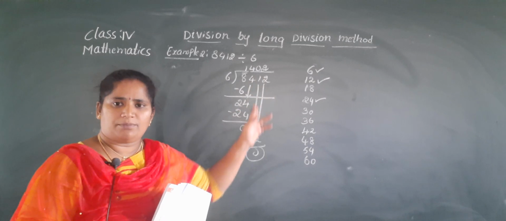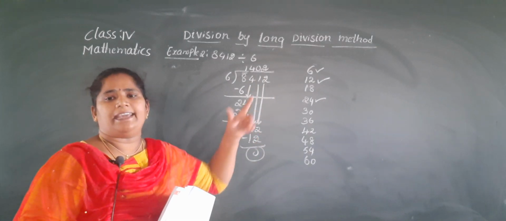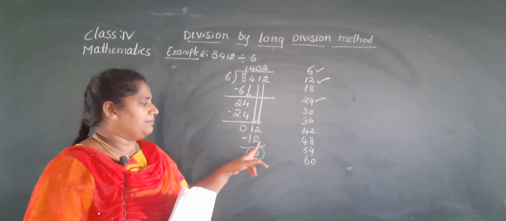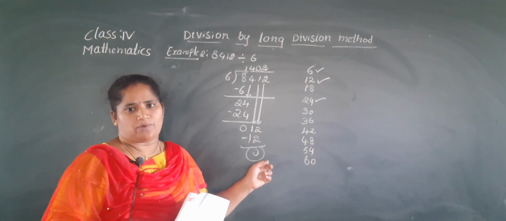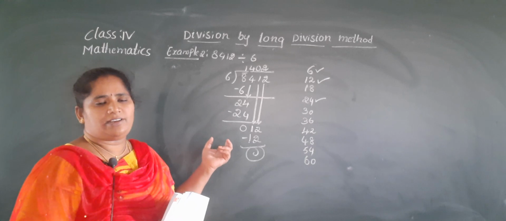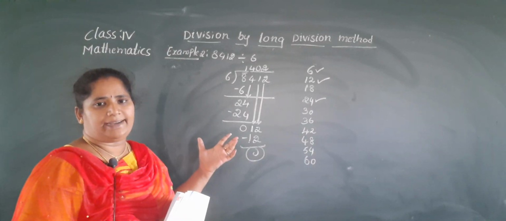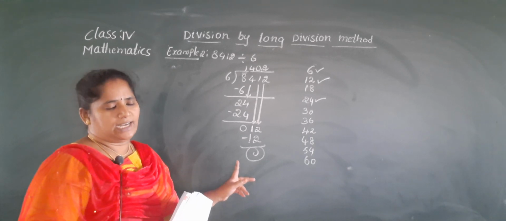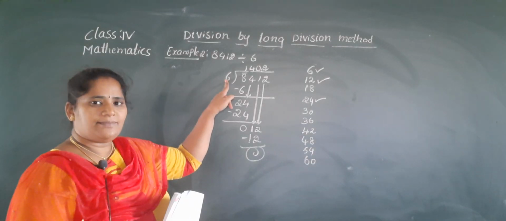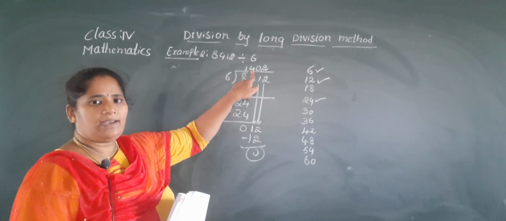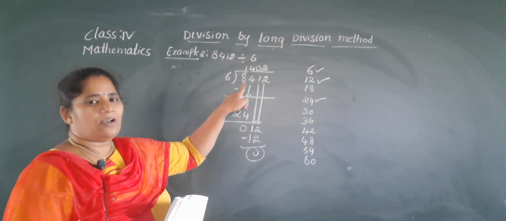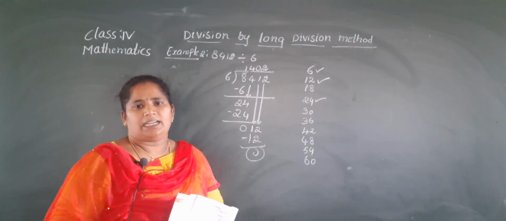If you take 2 numbers at a time, we should keep 0 in the quotient place. And now the number is 12. 6 2s are 12. So tell me children, what's the quotient and what's the remainder? What's the divisor? Very good, 6. What is this? Divisor. This one, 1402, is the quotient and 8412 is the dividend.